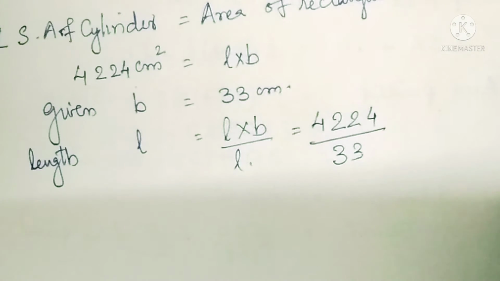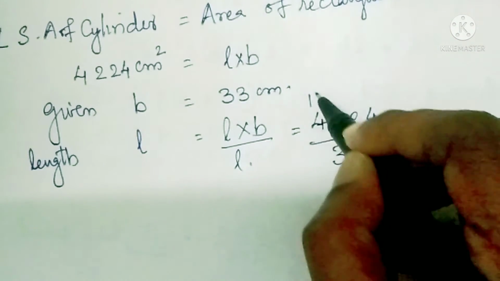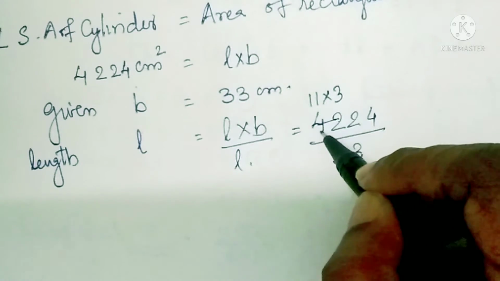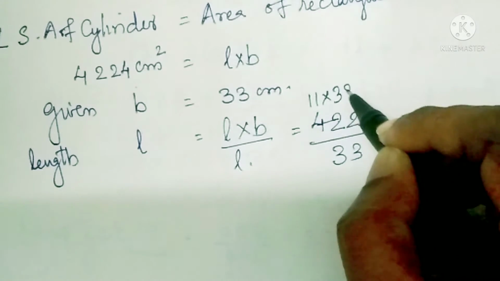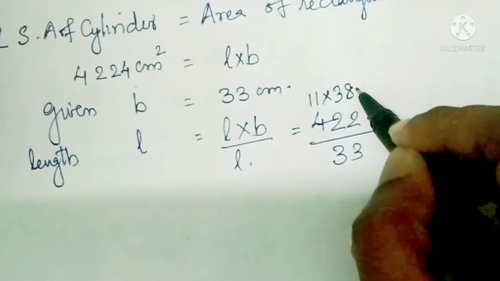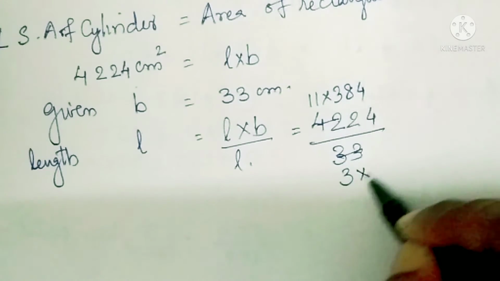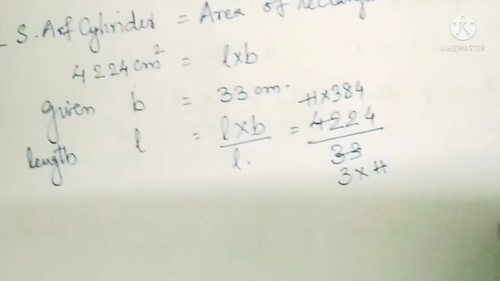So let us divide. Here 11 into 3, 33. What is remaining here? 9. 90 to 8 times. Then 4 times. So here 3 into 11. So both 11s get cancelled.